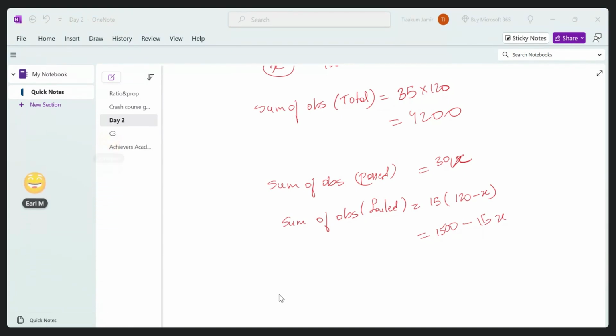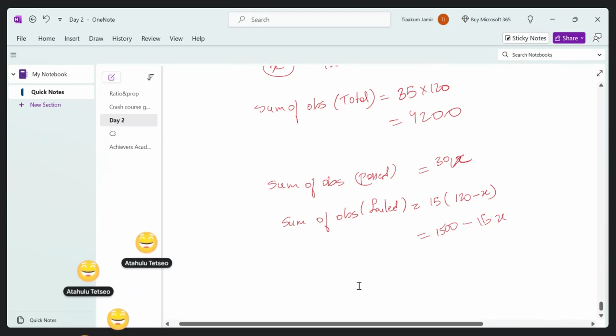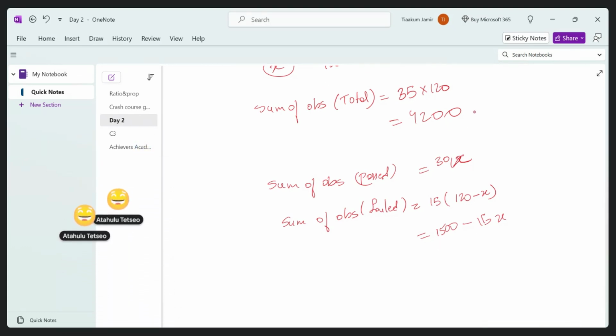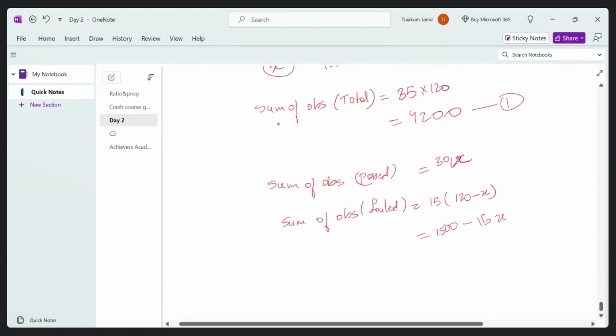All right. Now let's call this equation 1: the sum of pass plus the sum of fail equals 4200.